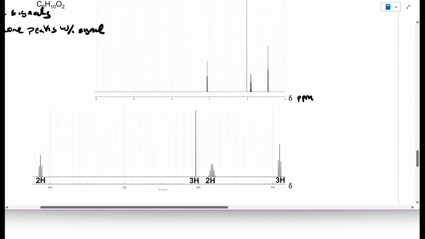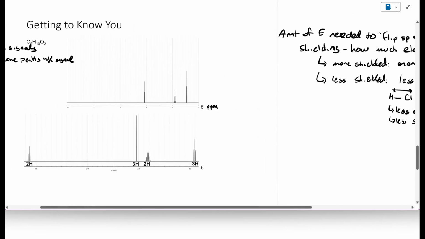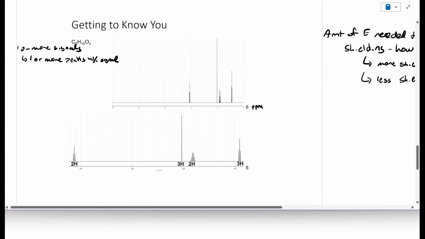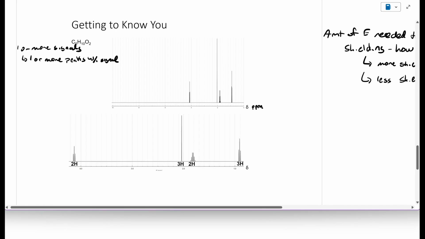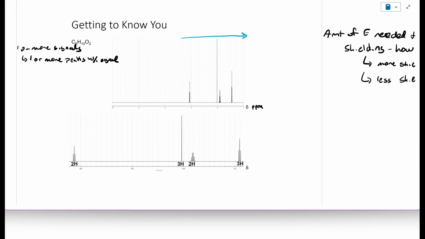When we look at the x-axis, we can say a couple of things about the position of the signals on the x-axis. Signals that are closer to 0 are the ones that are more shielded. These are the ones that have more electron density around the nucleus.